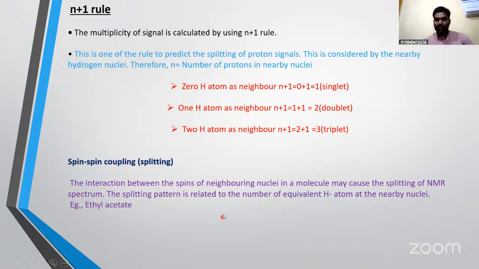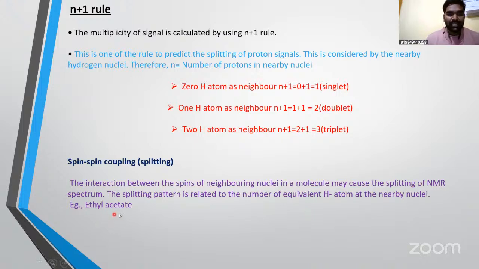So it depends on the number of equivalent hydrogen atoms nearby. If there is a larger number of nuclei, the splitting may be more. When there are fewer hydrogen atoms nearby, the splitting may be less.